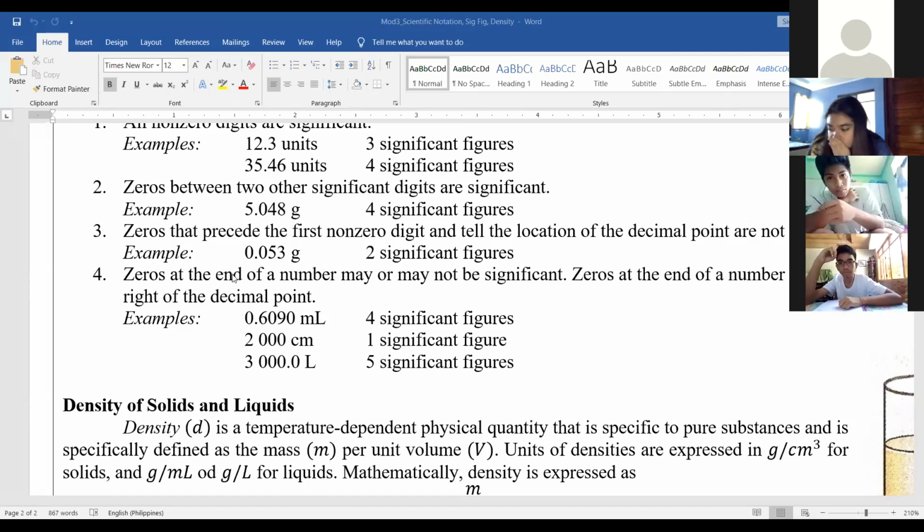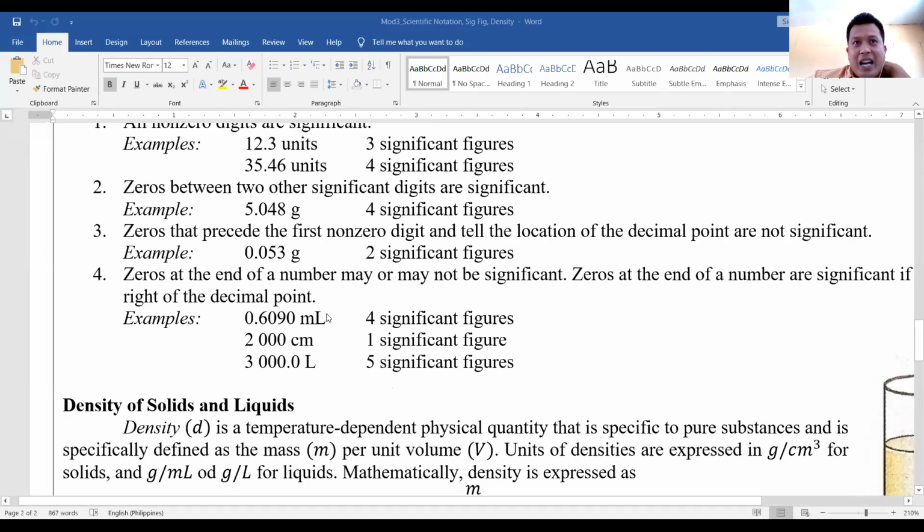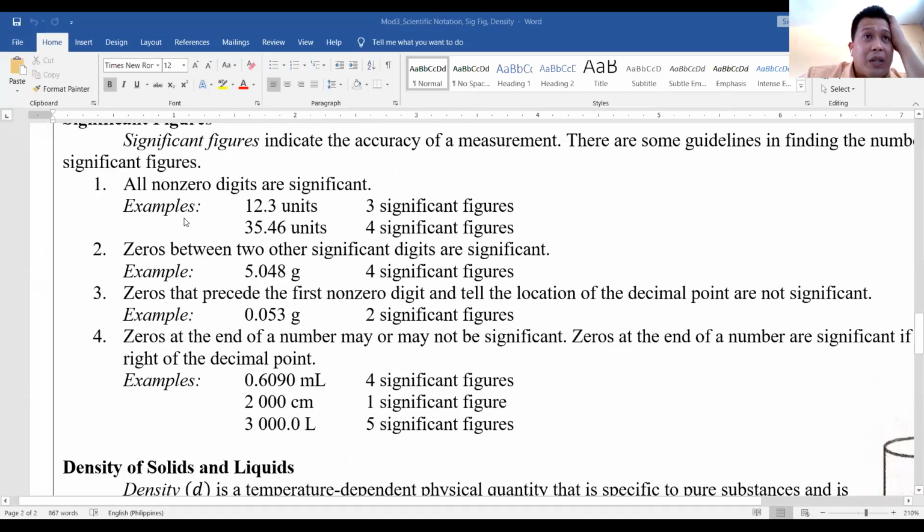Okay? Let us review the rules for us to understand. Rule number 1, all non-zero digits are significant, whether they're located to the left or to the right of the decimal point. Rule number 2, zeros between two other significant digits are significant.